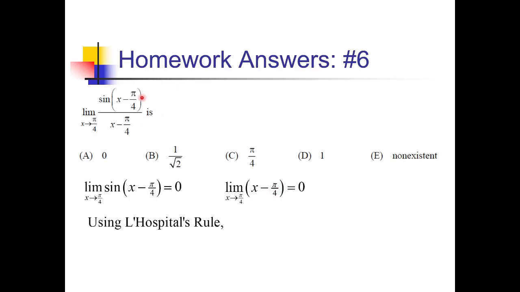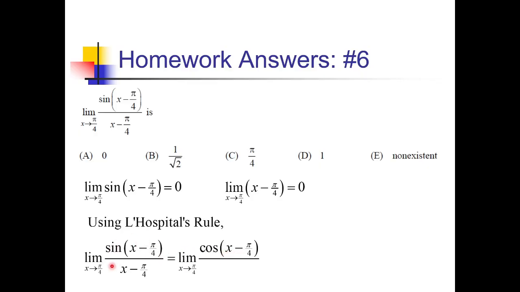And that means my original limit as x approaches pi over 4 of all that, I can rewrite as the limit as x approaches pi over 4 of the derivatives of these two parts of the fraction. So the derivative of sine of all this stuff is going to be cosine of x minus pi over 4.